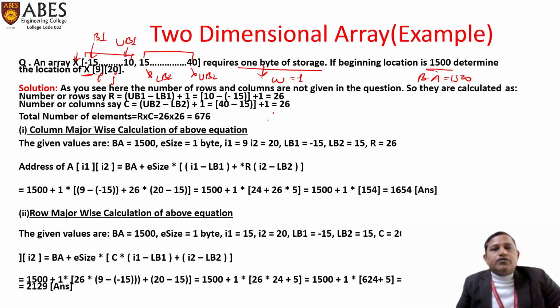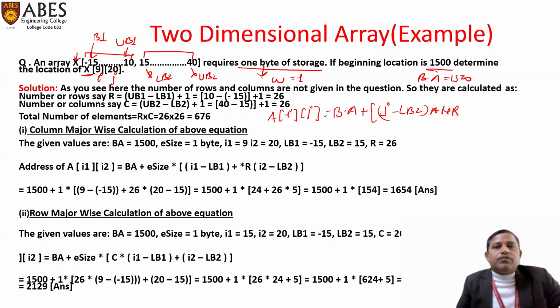A i j is equal to base address, plus j minus lower bound 2, multiplied by the number of rows, plus i minus lower bound 1, then multiply by W. Here i is 9 and j is 20.